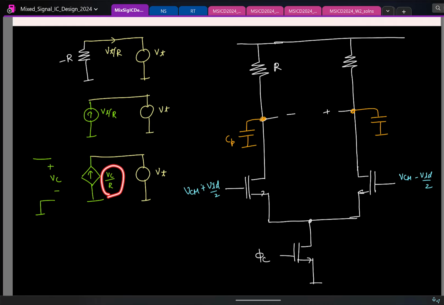Now to get a negative resistance, what should this current be equal to? Vt by R. So what should Vc be equal to? This is Vc. I want this to be equal to Vt. What should I do? I go and connect Vc to 1.